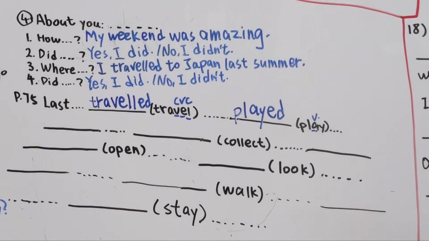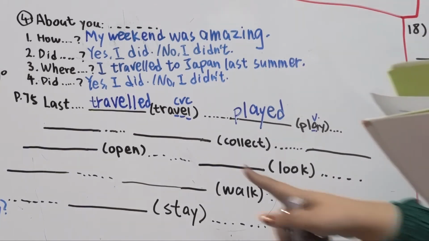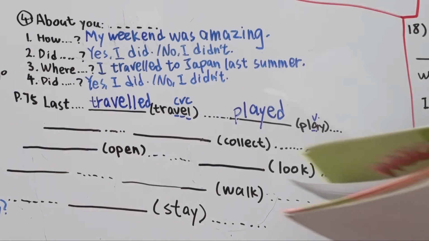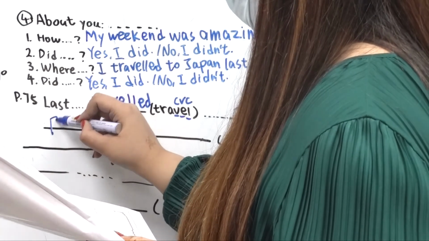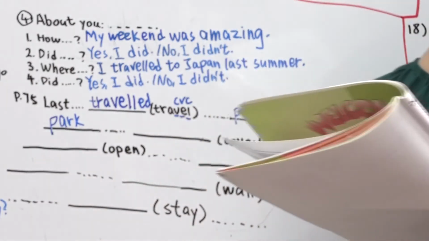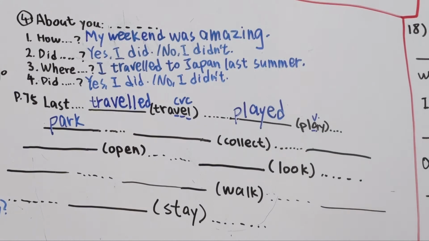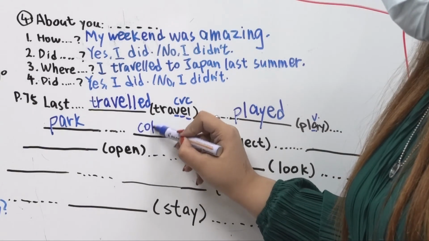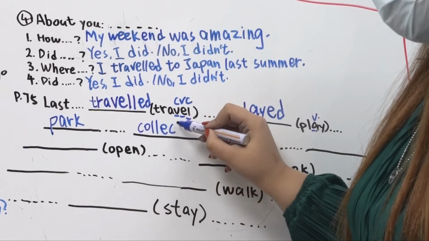Every day I played in the what? What place is it? There's a logo that tells you that it is a park, right? Park. With my friend Bill. One day we space. Collect becomes collected, right?